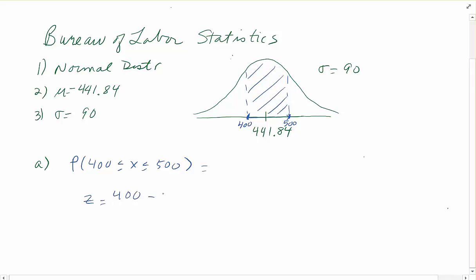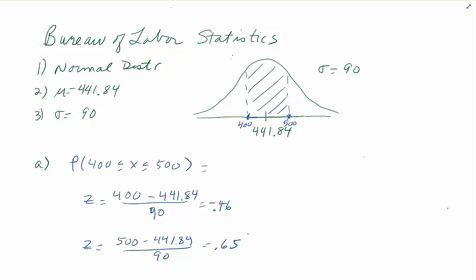So it'd be 400 subtract 441.84 divided by 90. And I get negative 0.46, and then the z-score of the 500, the other side of the interval, subtract the mean again and divide it by the standard deviation, I get 0.65.